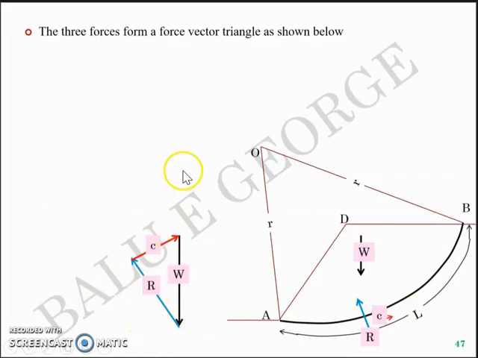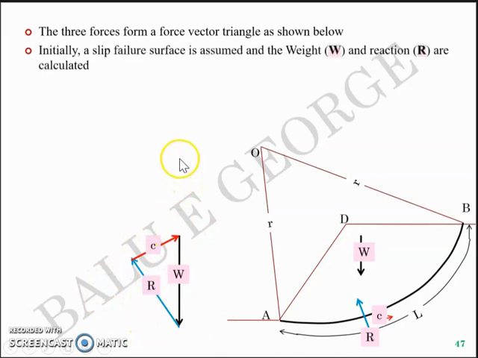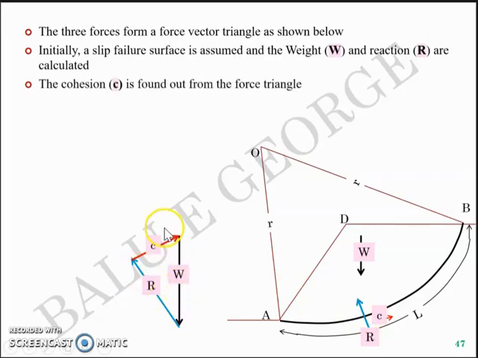And the process is to assume a slip surface AB whose weight W can be obtained and reaction R is calculated. And from this force vector triangle, knowing the reaction R and weight W, the cohesion C, which is mobilized, can be found out.